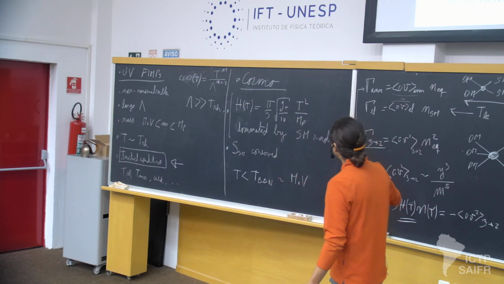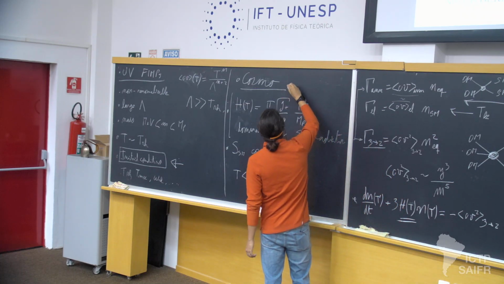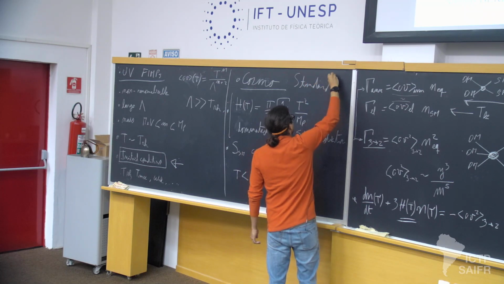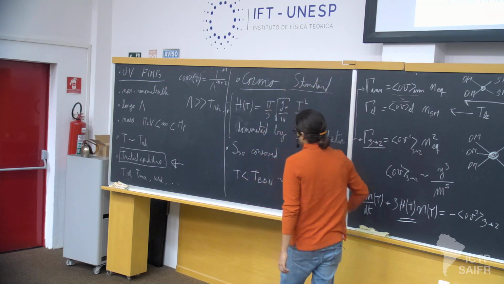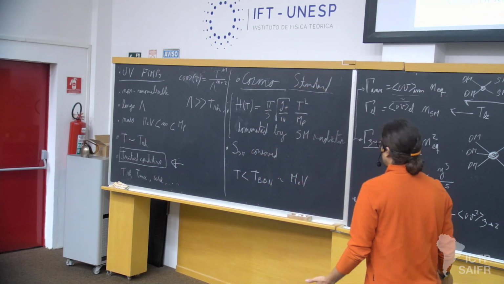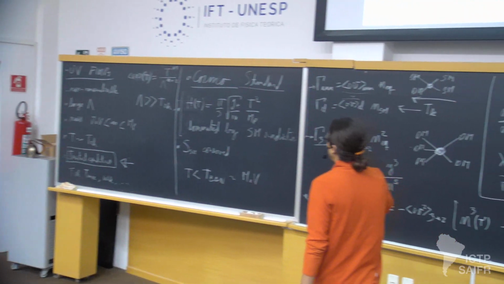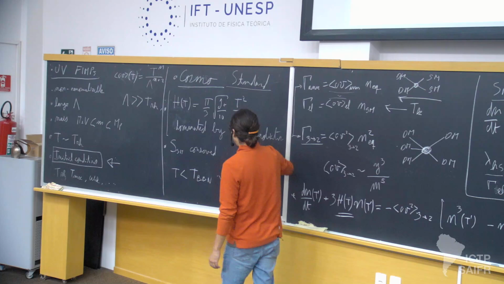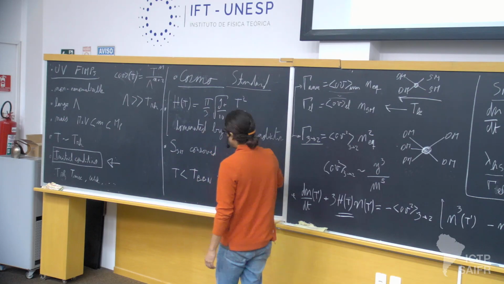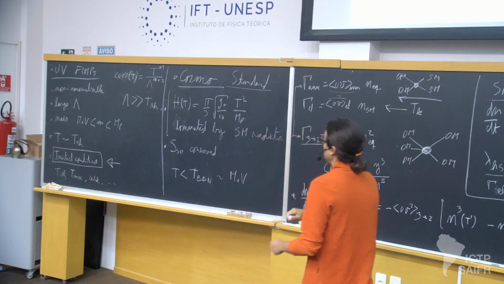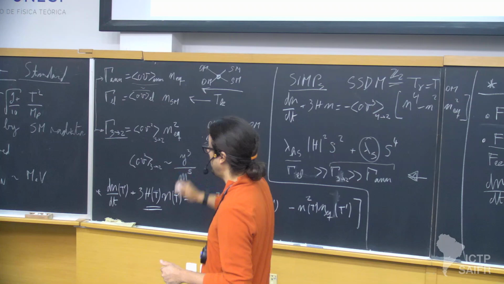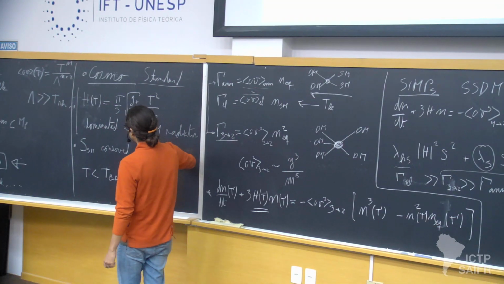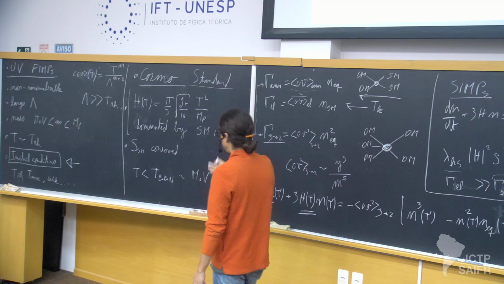So this is what we assume in the standard cosmology, called standard. The assumption of standard cosmology is that these two conditions that we know are fulfilled after BBN, we make a shameless extrapolation. We say that if this is the case after BBN, it should also be the case before BBN.